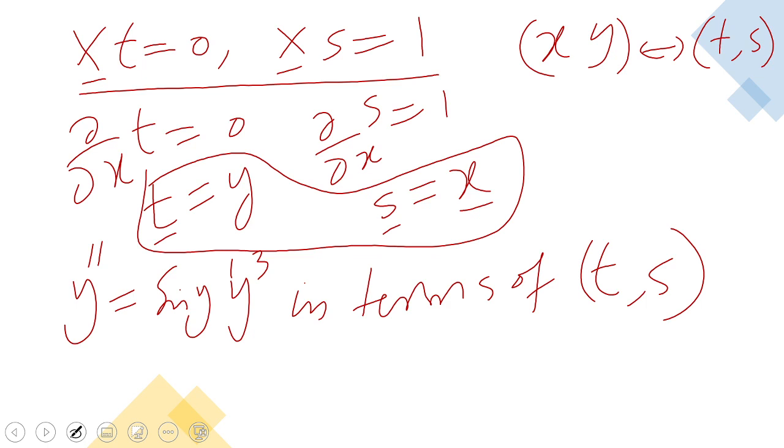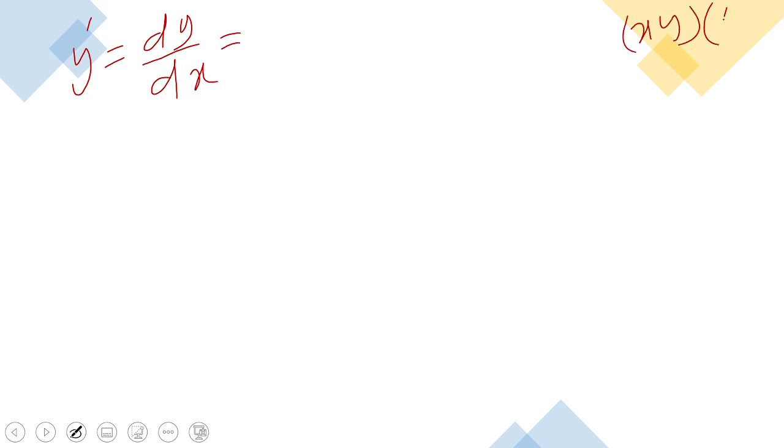Y dash is dy over dx. x and y are both functions of T and S. For the time being I am taking S to be dependent on T. What is dy?